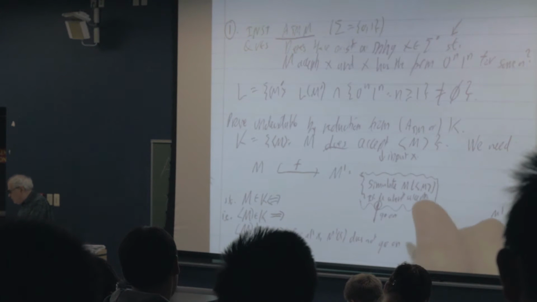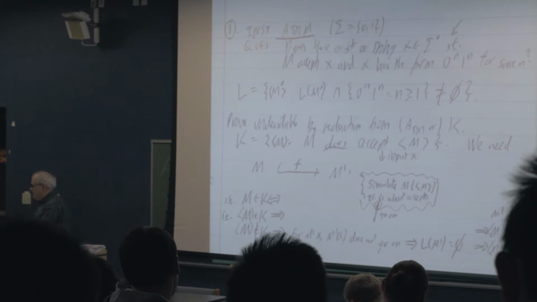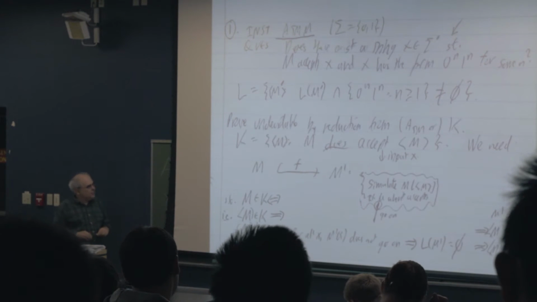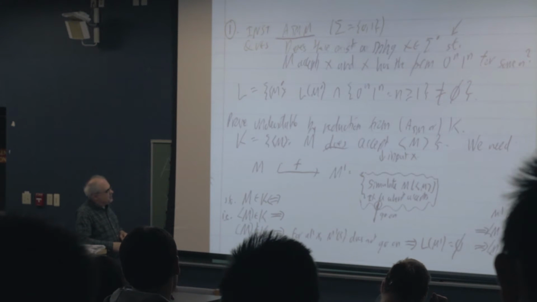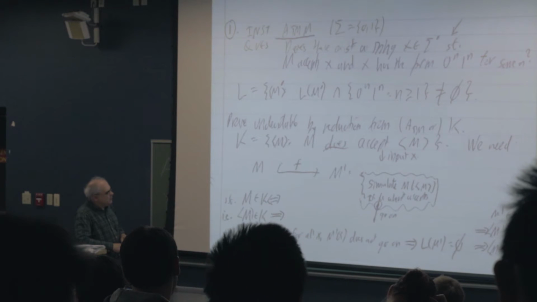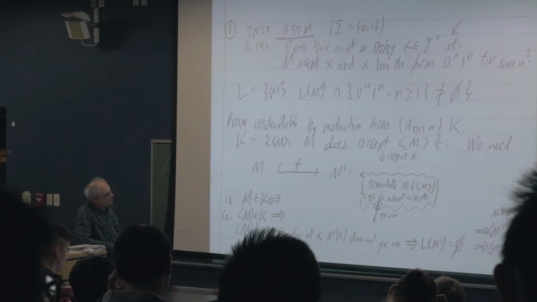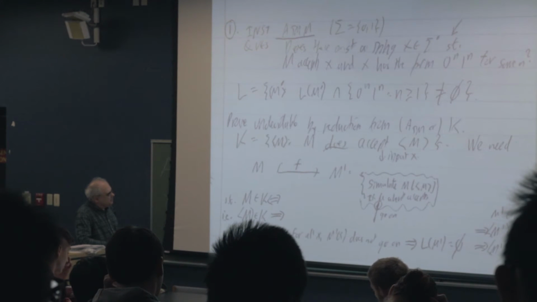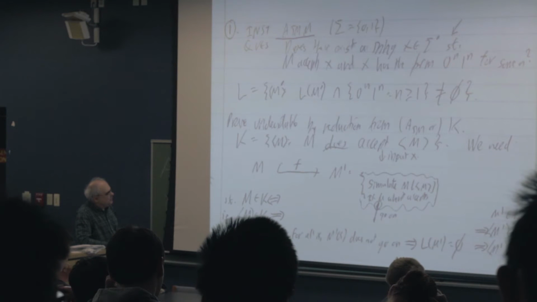And we can therefore already say that L of M prime is going to be the empty set, because its computation is going to get stuck there. M didn't accept its own code. So we've completed this part of the analysis.